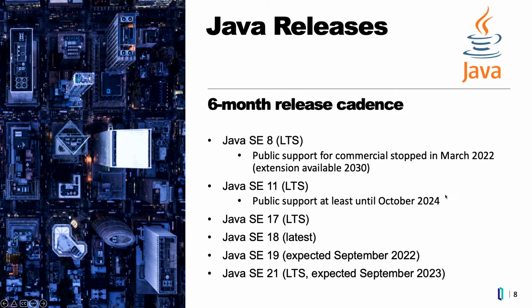But actually, if you look at the statistics, Java 8 is still pretty heavily used. And Java 11 is like second in place. And people are still waiting a little bit on jumping to Java 17. The reason why Java 8 is still so popular is because of Java 9, right?